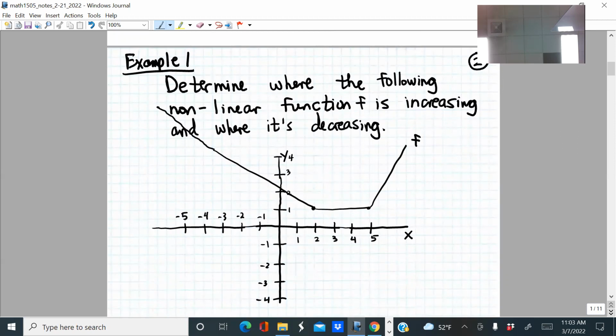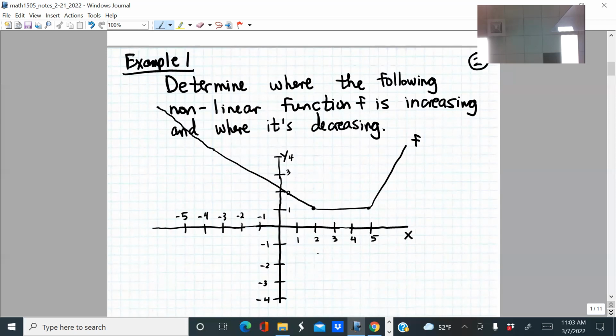Okay. So all you have to do when you're looking at the graph is just scan from left to right and see what the curve is doing as you're scanning from left to right. So as we're here on the far left, and we start scanning across, what's that curve doing? Decreasing, right? It's going down. As x gets larger, the y values are falling, right?